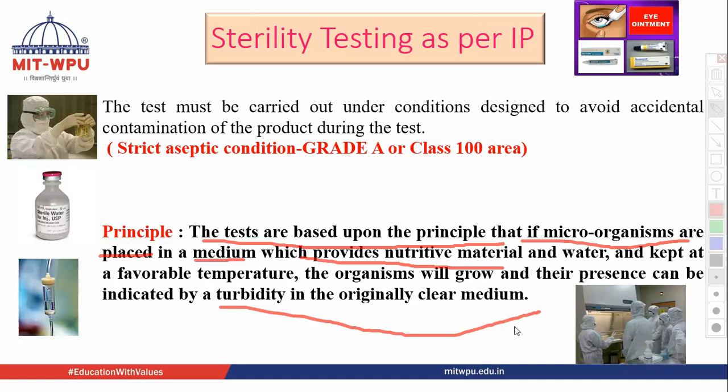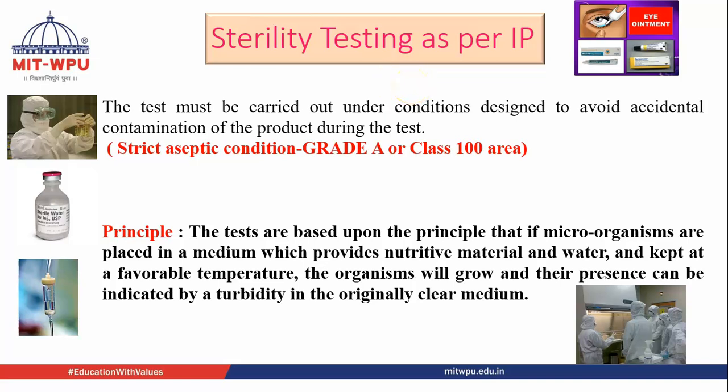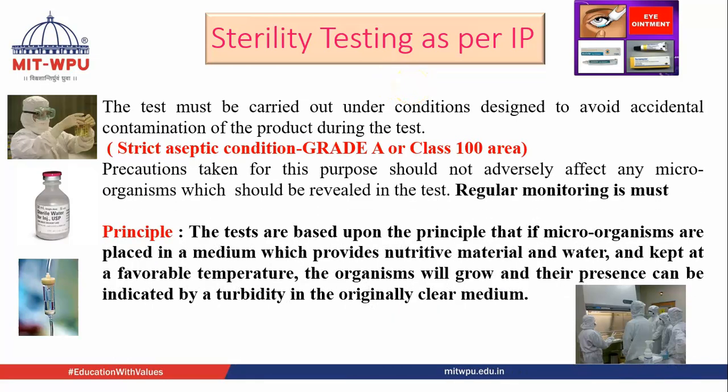So that is the major principle behind sterility testing. It has to be done by two methods. We'll discuss in my next video the membrane filtration method and the direct inoculation method. Now in this session we'll only discuss the basic principle and strategy and how to perform this test.